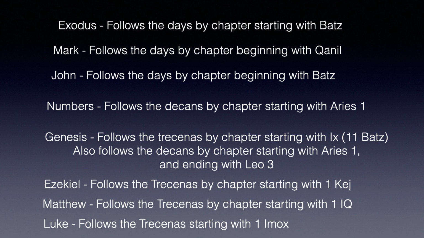Numbers. That's 36 chapters exactly, and it definitely follows the Decans by chapter, and it has definitely been messed with ad nauseum. It starts out, it's very discernible, the bones are there.